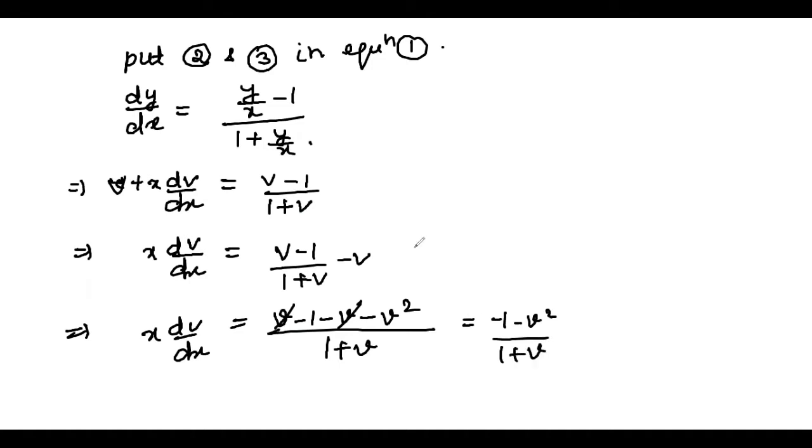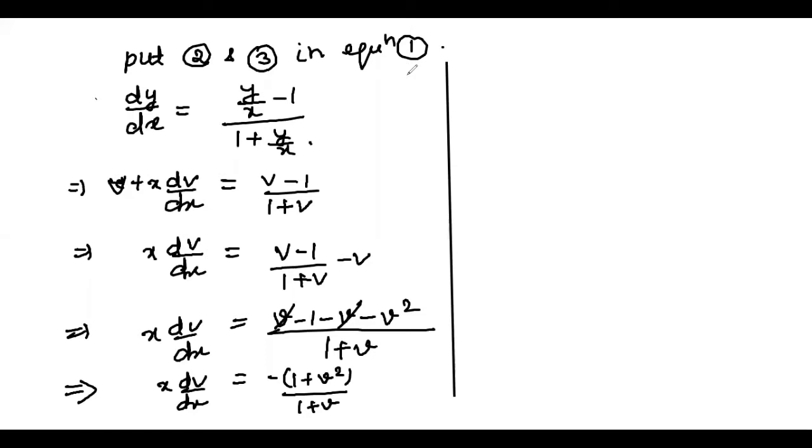Now we use variable separable form, meaning we write v with dv and x with dx. So we write (1 + v)/(1 + v²) dv = −dx/x.